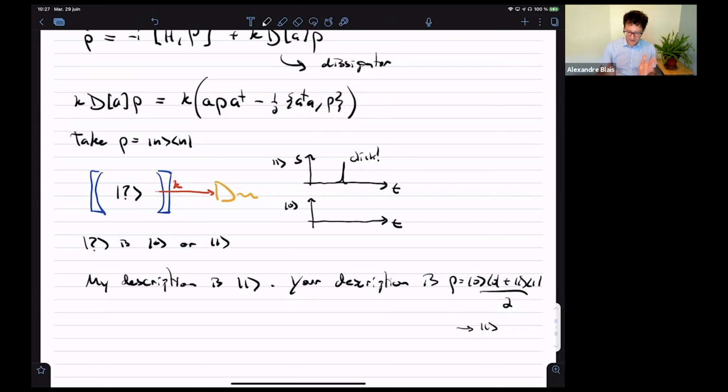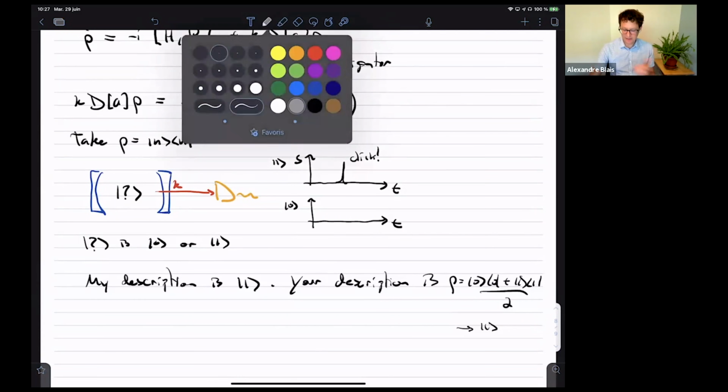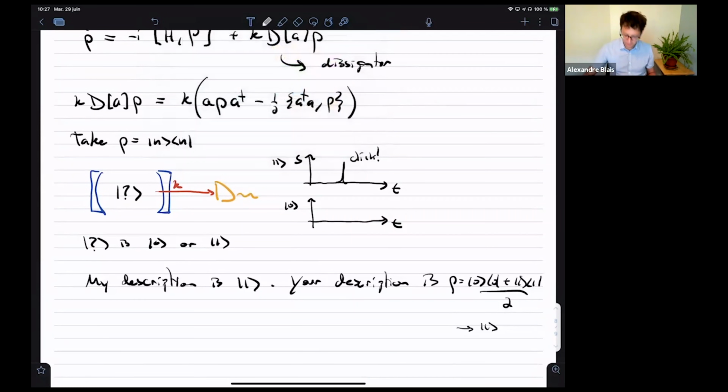But okay, fine. But when will you make this declaration with confidence? Because, for example, if you had stopped the measurement here, you would have declared in both cases that there was in fact 0 photon, but you would have been wrong. So when are you confident that indeed it was 0?